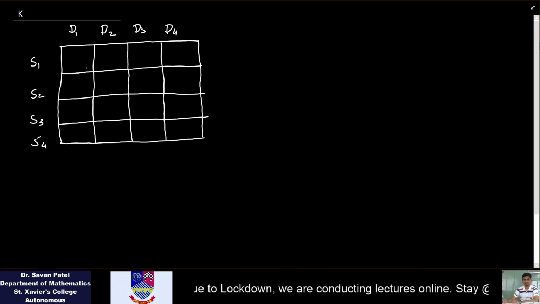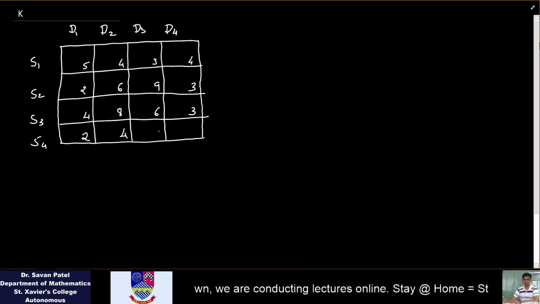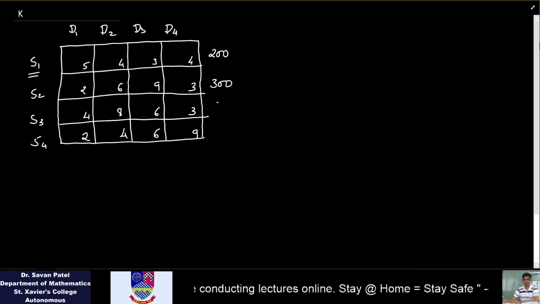The transportation costs are given as 5, 4, 3, 4, 2, 6, 9, 3, 4, 8, 6, 3, 2, 4, 6, 9. The supplies from S1, S2, S3, S4 are 200, 300, 200 and 400.